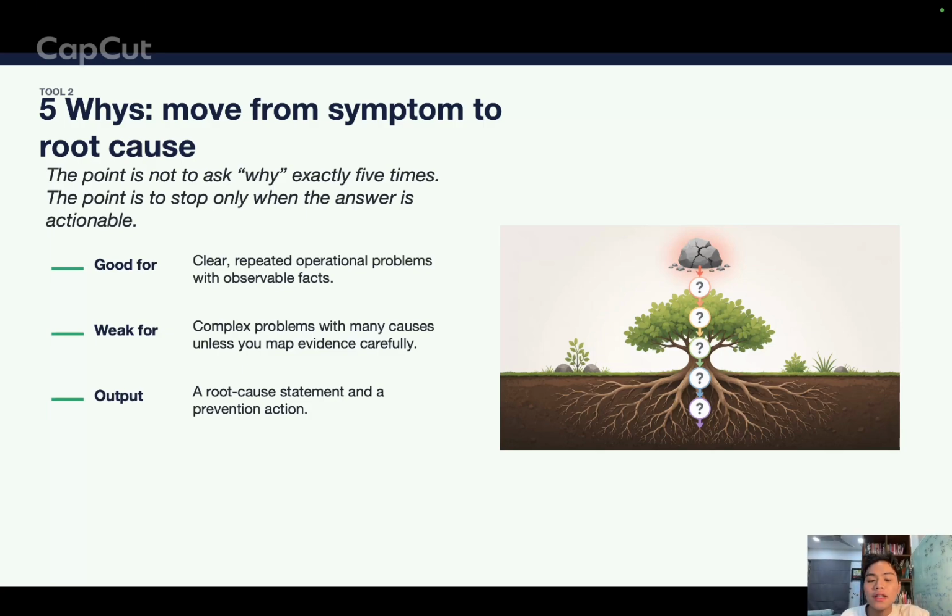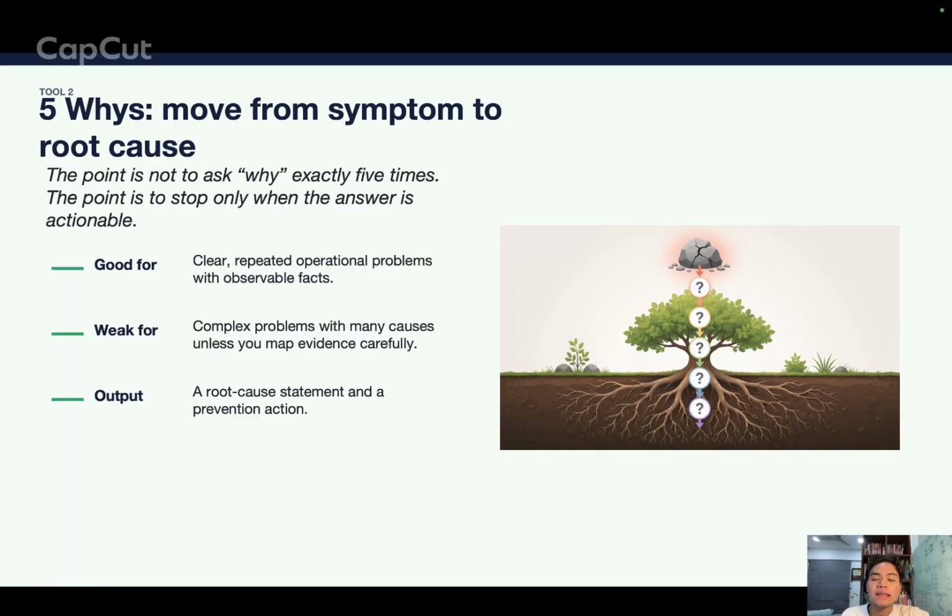So this technique works particularly well for relatively clear and repeated operational problems where we can observe what happened. However, we need to be careful with a complex problem because it may have several causes, so forcing everything into one root cause may be oversimplified.